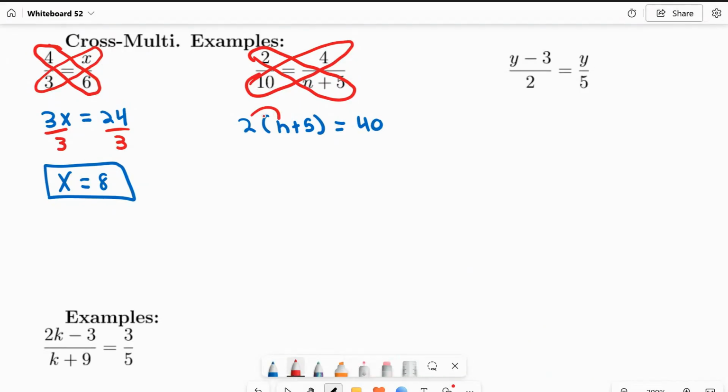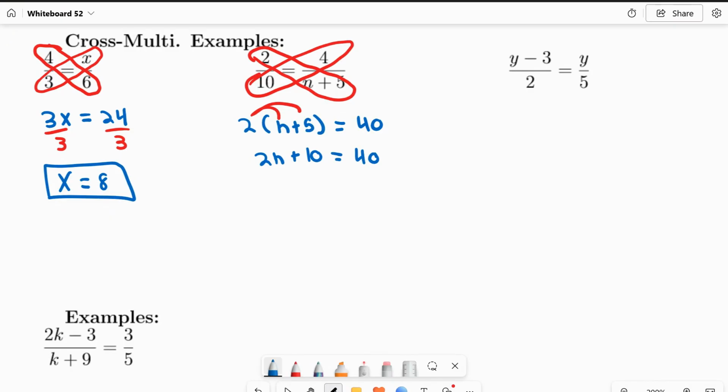Now I'm going to solve my equation. I'll start with distributing my 2. So that gives me 2 times n, which is 2n, plus 2 times 5, which is 10, which equals 40.